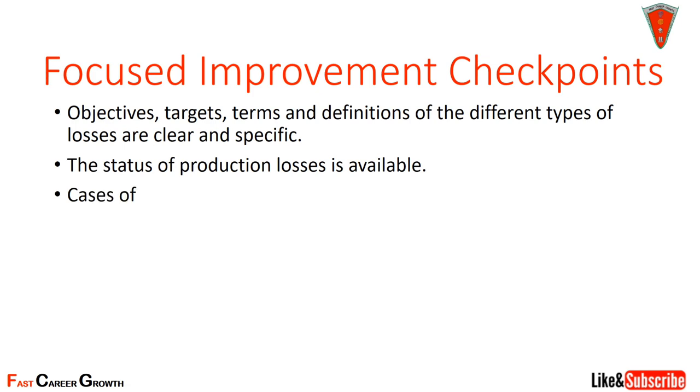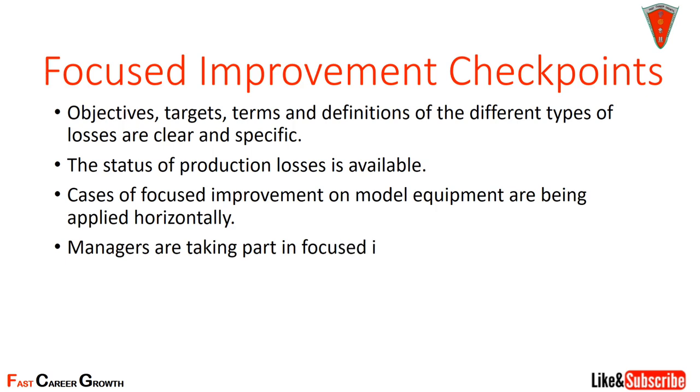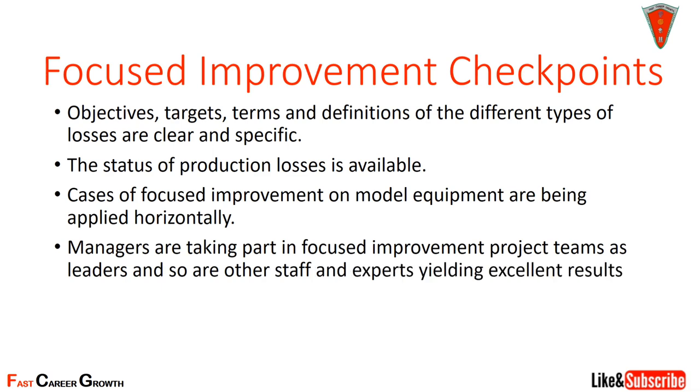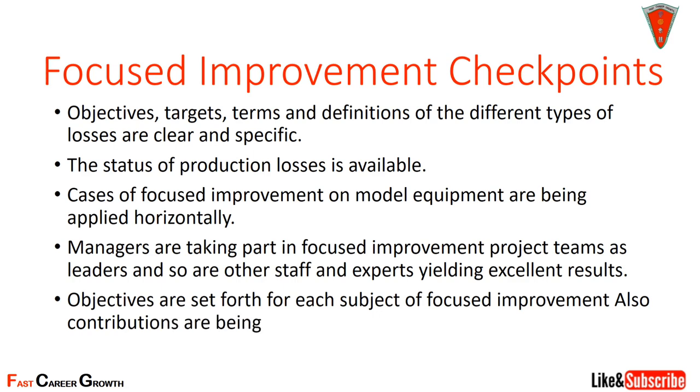Cases of focused improvement on model equipment are being applied horizontally. Managers are taking part in focused improvement project teams as leaders, and so are other staff and experts, yielding excellent results. Objectives are set forth for each subject of focused improvement. Also, contributions are being made clear by performance metrics.